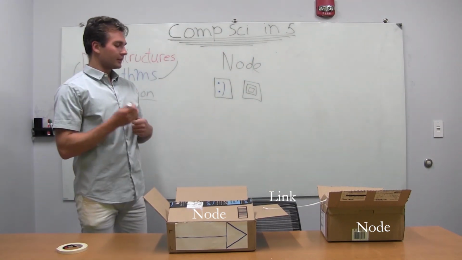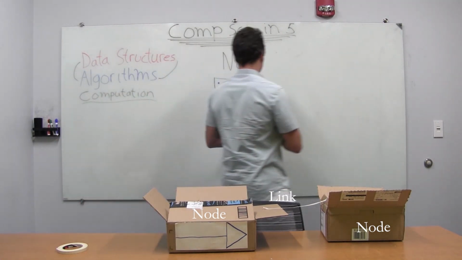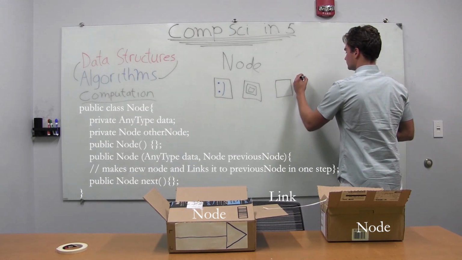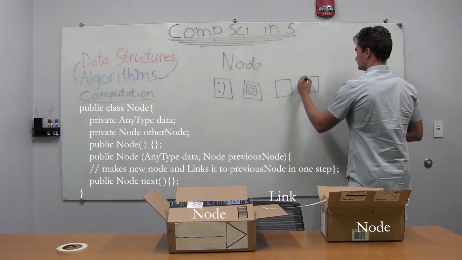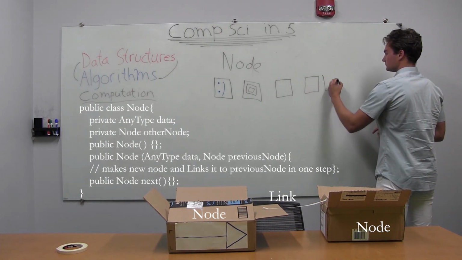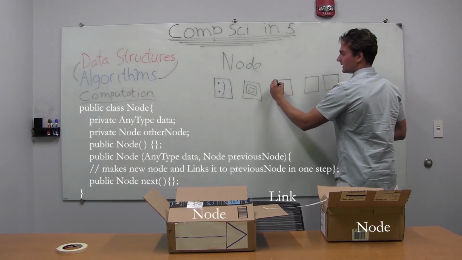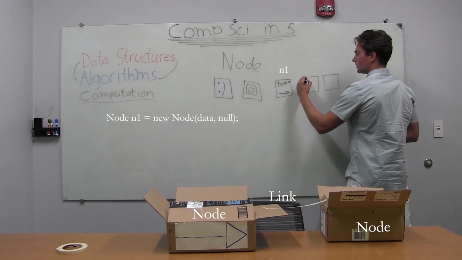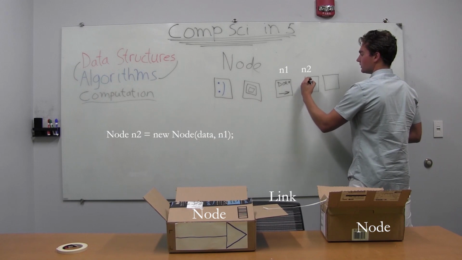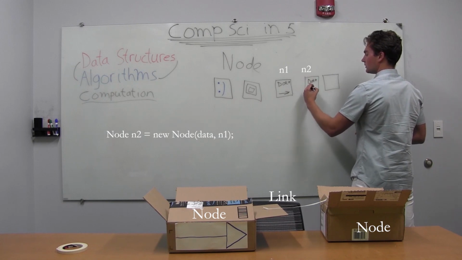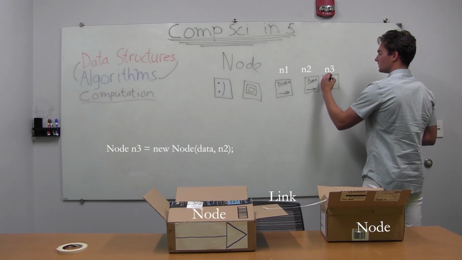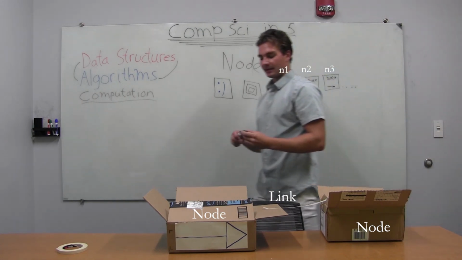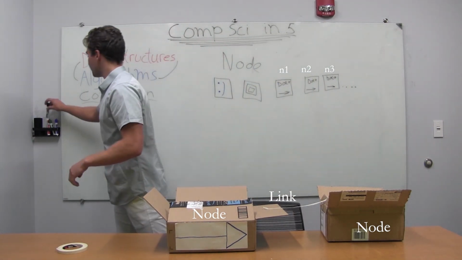And what this would look like as a picture would be, in every node we have a data item and an arrow. We have data and an arrow, data and another arrow, so on and so forth, up into however many data items that you have.